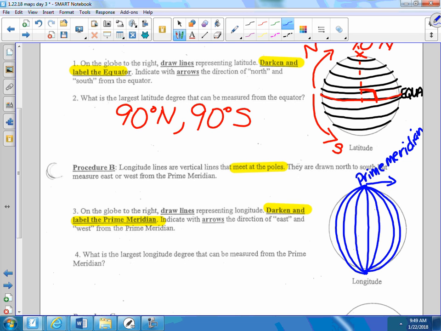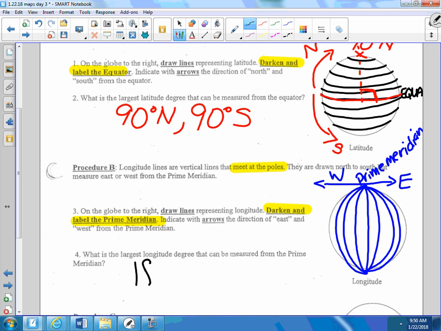Everything in this direction is going to be east or west. Everything this way, Juliana, is it east or west? East. Kentrell, what's the other direction? Good. And what's the largest number we can represent? 180 degrees.